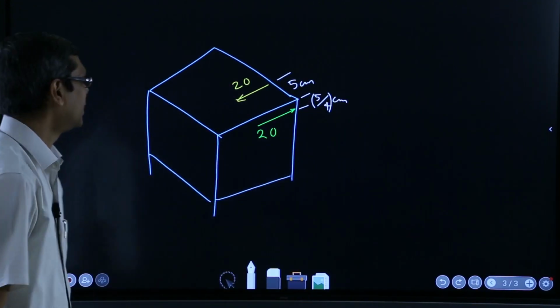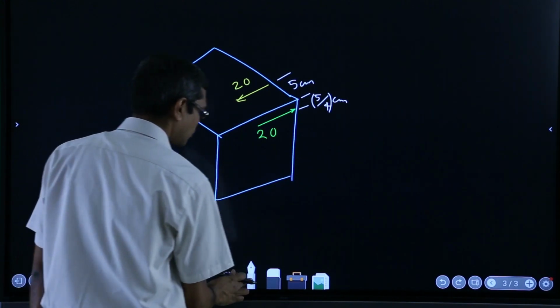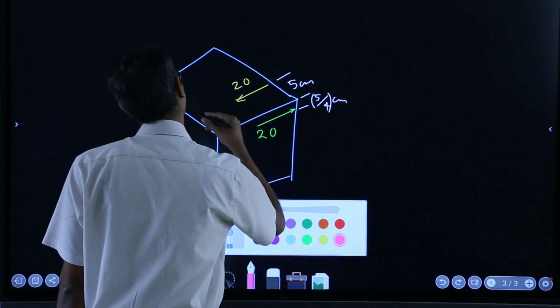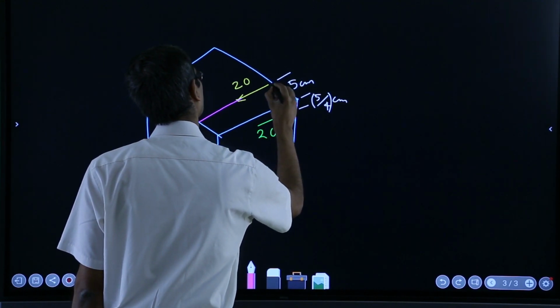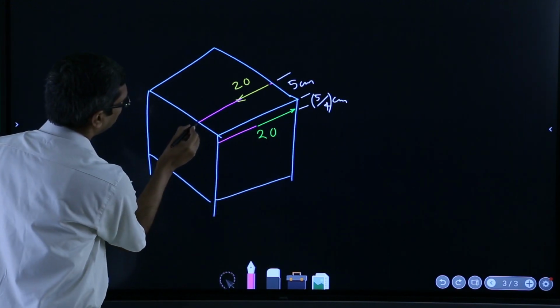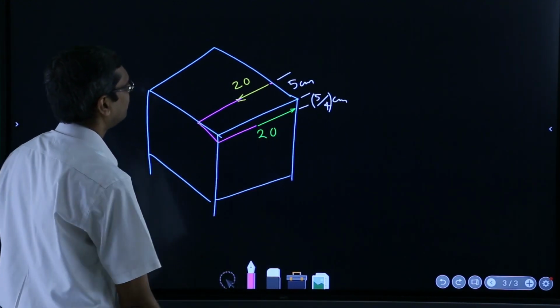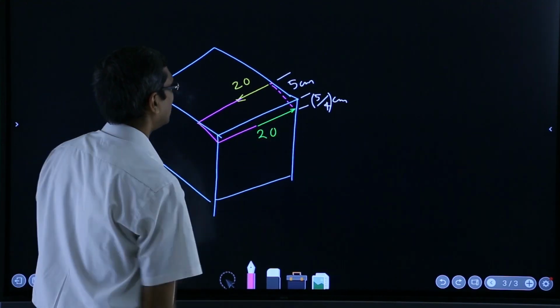Okay, so that means if I have to say, I'll do one thing, I'll cut a segment like this from here, from the cube down. So like that.